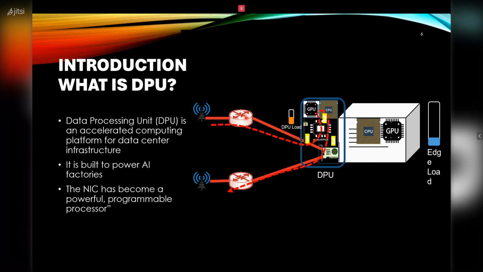If you see this small animation, when a packet arrives, it's passed to the router and then it's passed to the DPU. In the DPU we have a CPU ARM processor, we have a graphics processing unit inside the same system on chip, and then we have an ASIC there, and we also have the NIC. We receive from the NIC and then we process it.